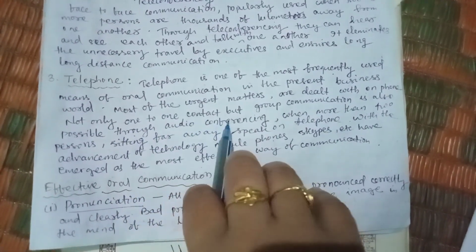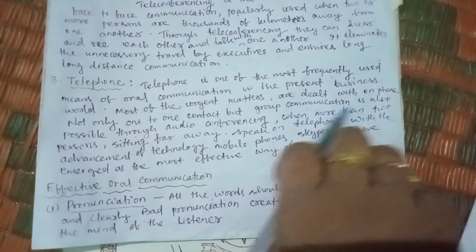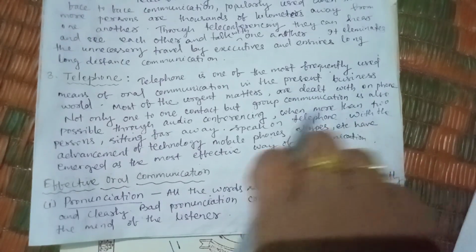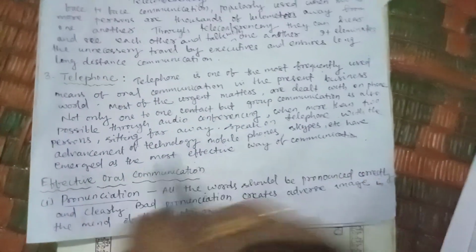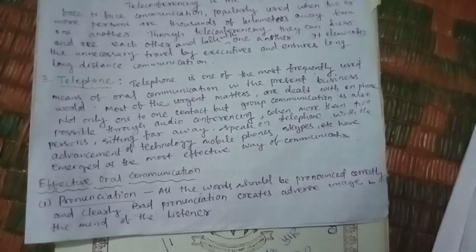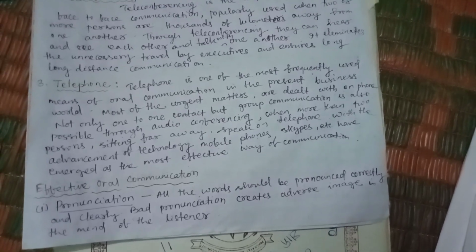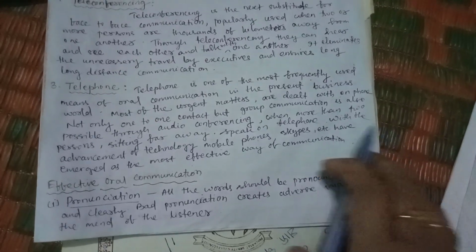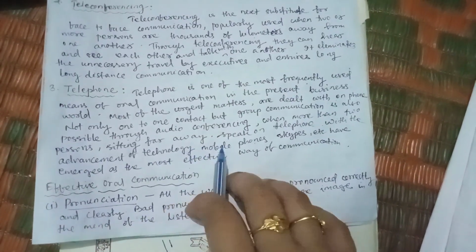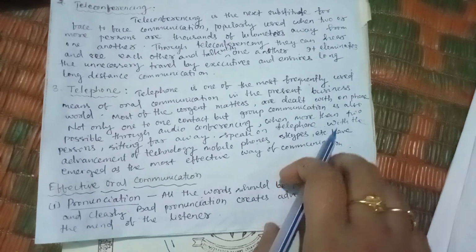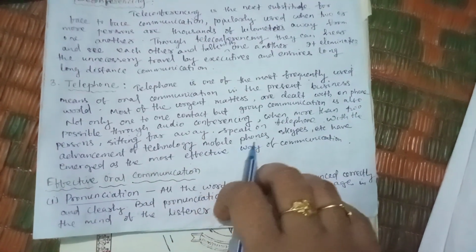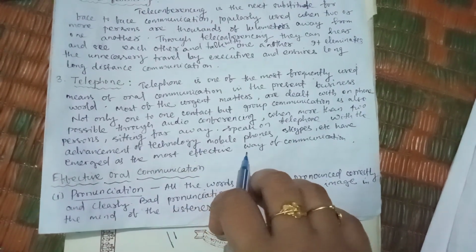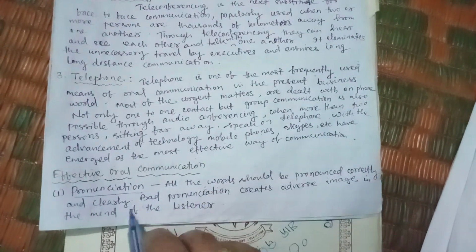Not only one-to-one contact, but group communication is also possible through audio conferencing, when more than two persons sitting far away speak on telephone. With the advancement of technology, mobile phones, Skype, etc. have emerged as the most effective way of communication.